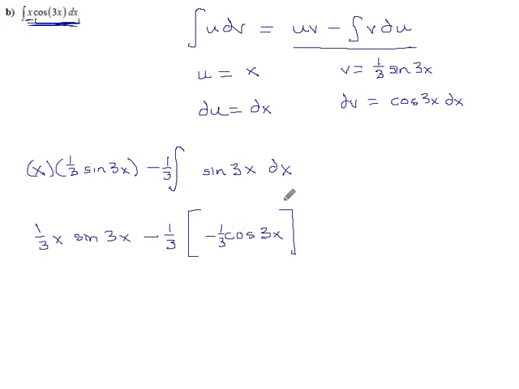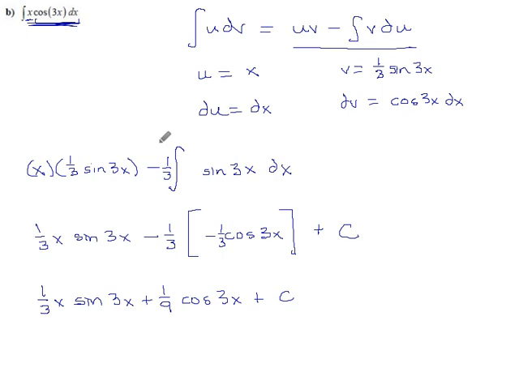That's our antiderivative. And because this is an indefinite integral, we need our plus c on the tail end. So, finished version, 1/3 x sine 3x minus 1/3 times minus 1/3 is plus 1/9 cosine 3x plus c.